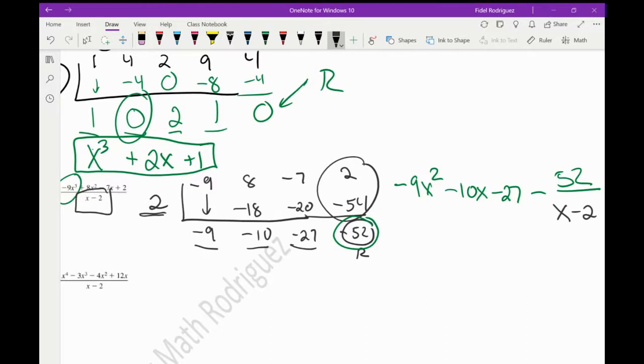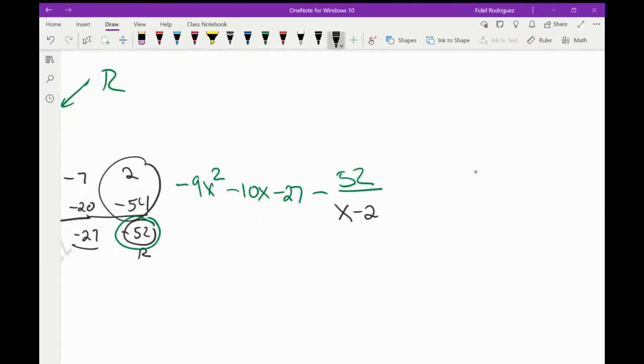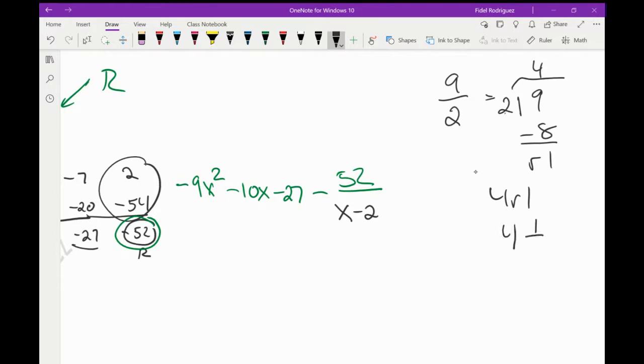Okay? And I want to explain to you why I need to put that x minus 2 on the bottom. Think of an easy division problem that we used to do back in junior high or maybe even elementary school. Something like this, 9 divided by 2. If I was going to do this old school division, we would say 2 goes into 9 4 times, that's 8. Remember, we subtract, my remainder is 1. So sometimes we used to write it like 4 remainder 1, or sometimes we'd write it as 4 and 1/2, because I'm dividing by 2, here's my 2, right?